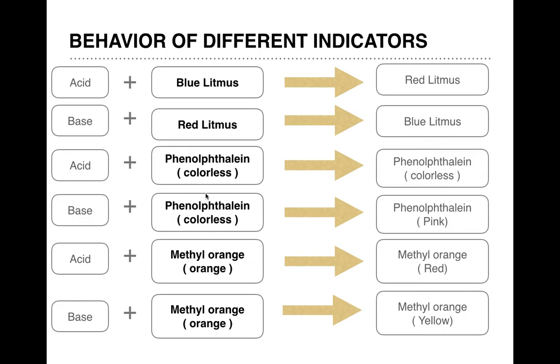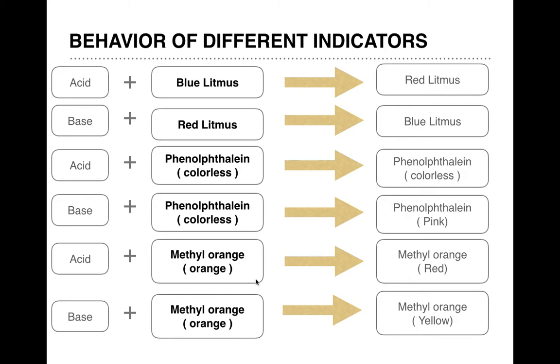Now if we put phenolphthalein into acid, it will go colorless, because the original color of phenolphthalein is colorless and it retains its color in acid. But if you put phenolphthalein in base, then the solution becomes pink. So this is how we can determine whether it is acid or base.